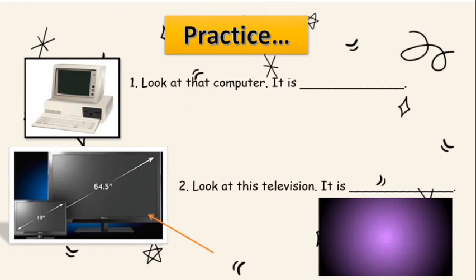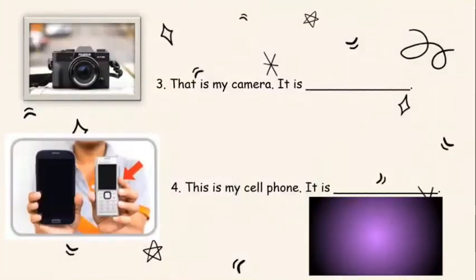What adjective can be used in the first number here? Look at that computer. It is old. And then how about number 2? Can you compare? There are 2 televisions here. See the pointer. Look at this television. It is big. Yes.